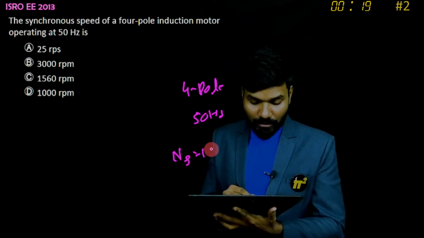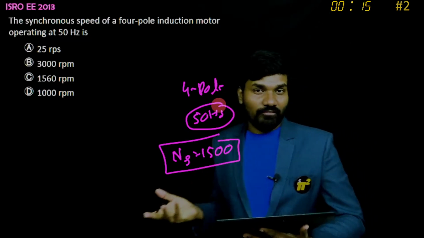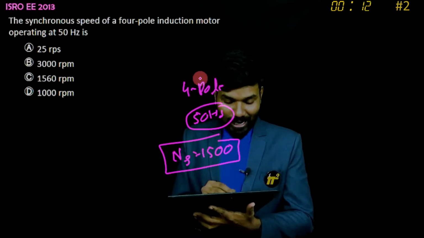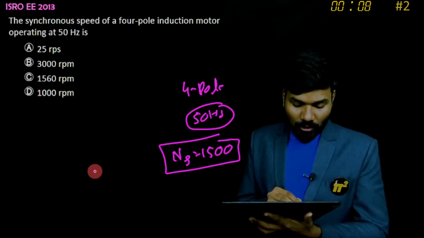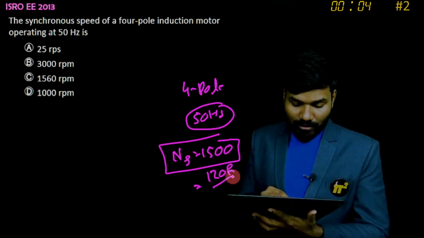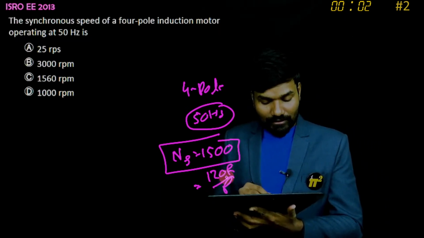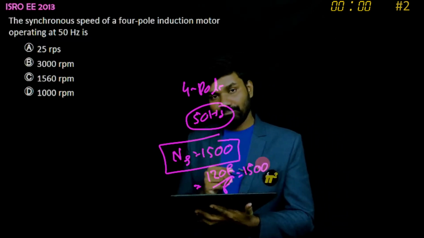Without calculator, you should be able to write this, because in most cases you will see, and we're in India, 50 hertz obviously, and a 4-pole machine is the one they normally give. So Ns is equal to 120 F by P. If you just do that, you will get obviously 1500 RPM.